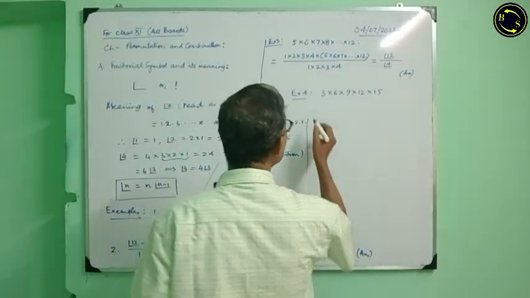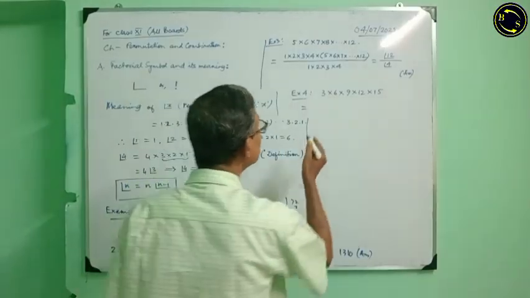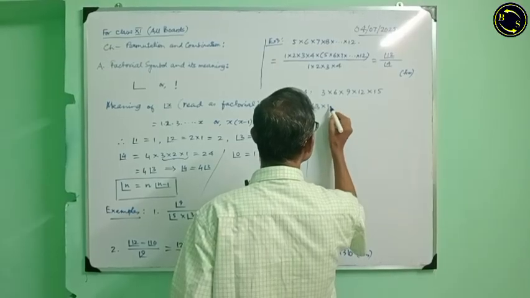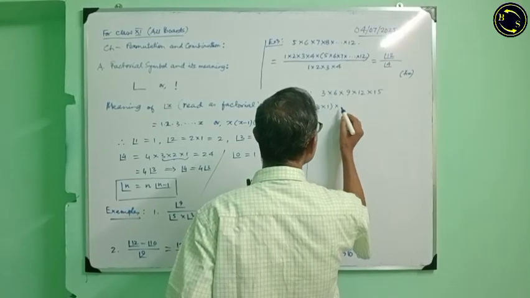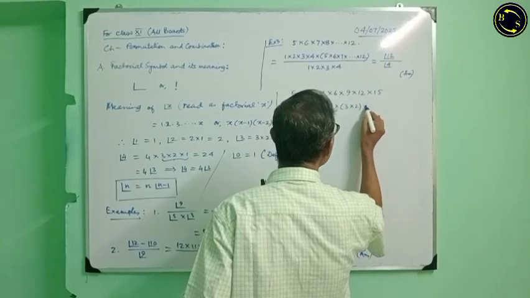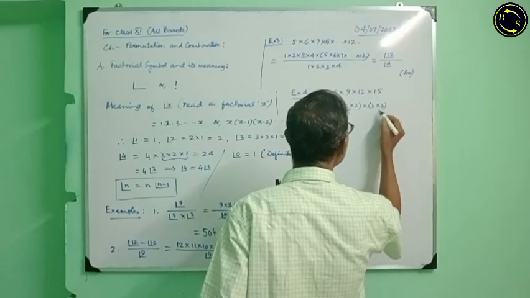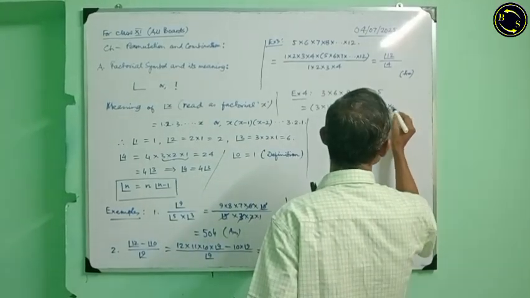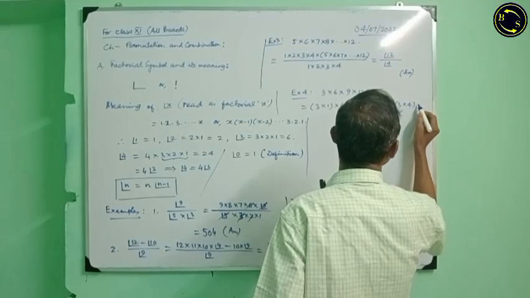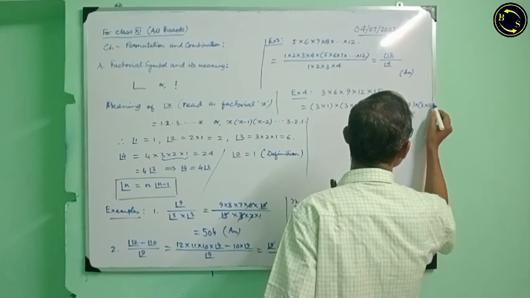Now, we see 3 can be written as 3 into 1, 6 can be written as 3 into 2, 9 can be written as 3 into 3, 12 can be written as 3 into 4, 15 can be written as 3 into 5.